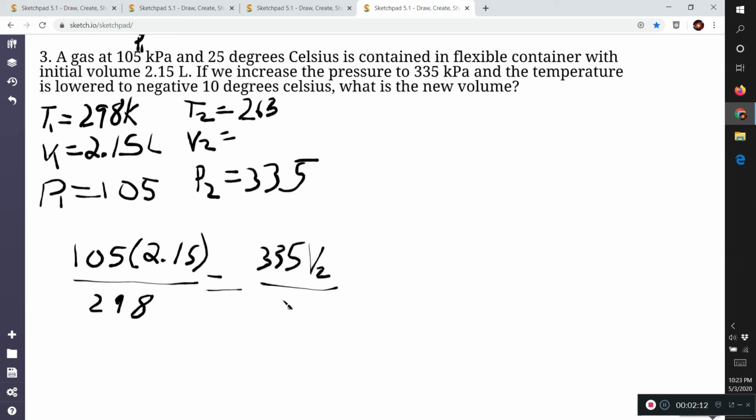So what we do is we just clean up. There's a couple ways to do this. Most people want to do the cross multiply and divide, so we can do that. We're going to take 105 times 2.15 times 263. So we're going to clean up the top left and then multiply it by 263. When we do that, we get, and so that we don't lose accuracy, I'm going to write out the full thing, 59,372.25.